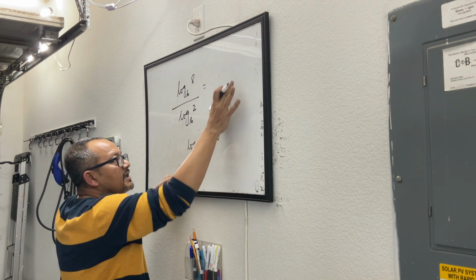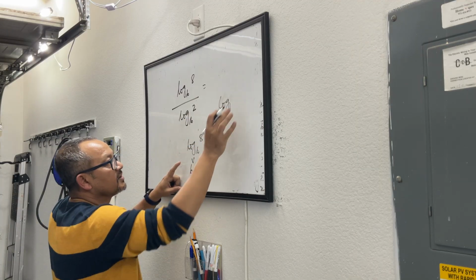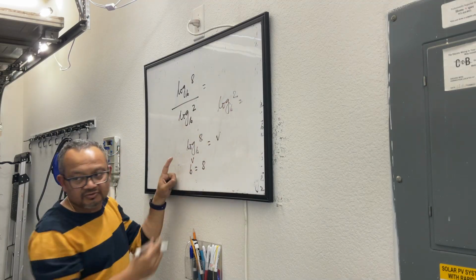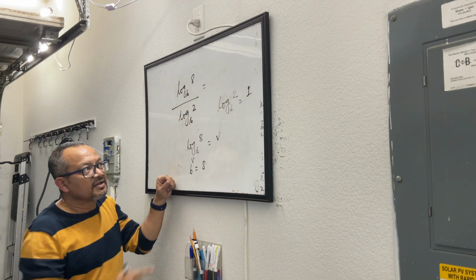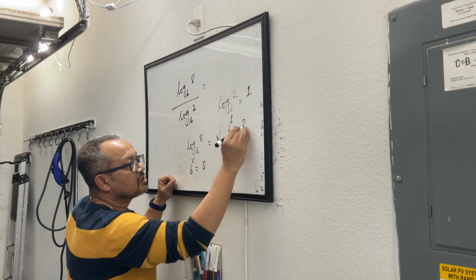Now let's say log of 2 base b is equal to, let's say, Ipsa, so I. That means b to the power I is equal to 2.